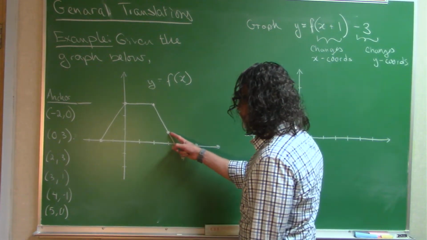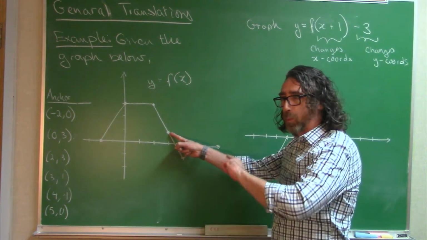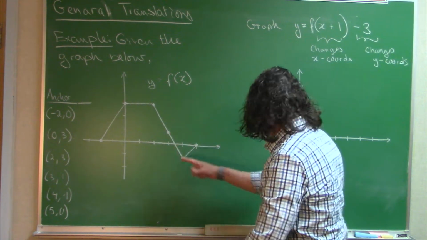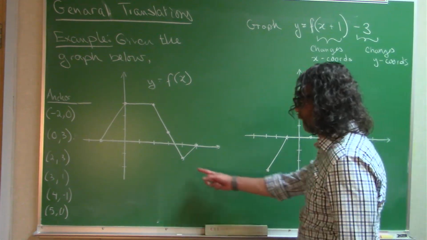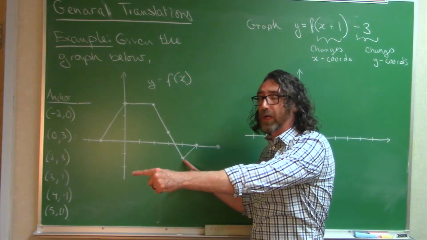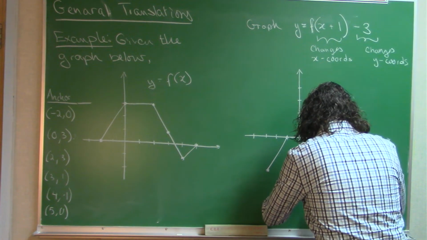Let's do this point. Okay, this point is 3, 1. 1 unit left, so now I'm at 2, 1, and then 3 units down. 2, negative 2. This is 4, negative 1. 1 unit left, 3, negative 1. 3 units down, it's 3, negative 4.